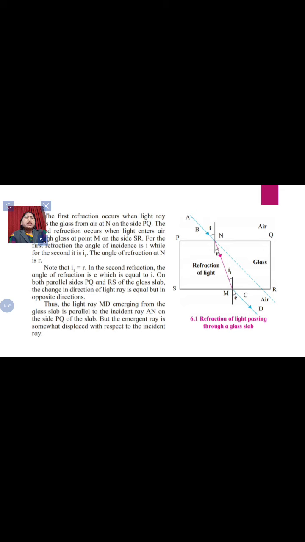For the first refraction, the angle of incidence is I, while for the second it is I1. See in the figure, in the first refraction the angle of incidence is I, near to the point N, and the second angle of incidence is I1 at point M. The angle of refraction at N is R. See here in the figure.